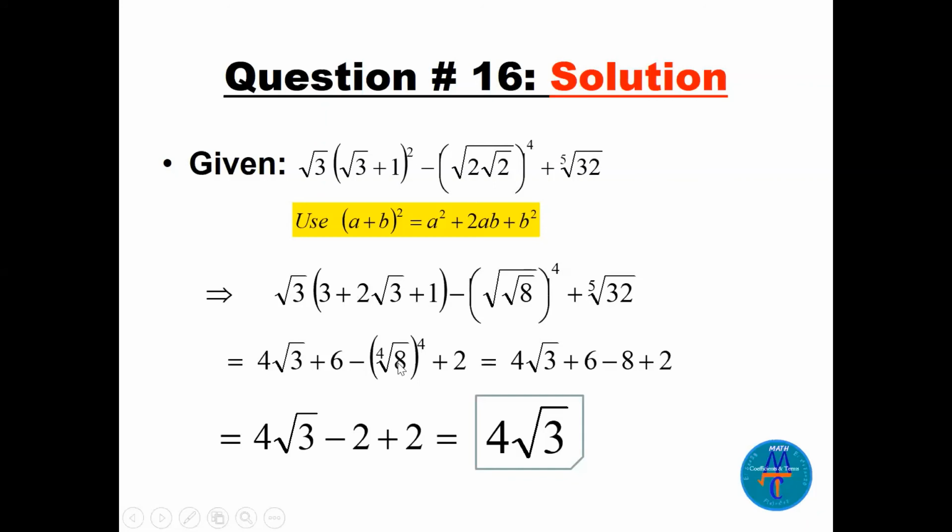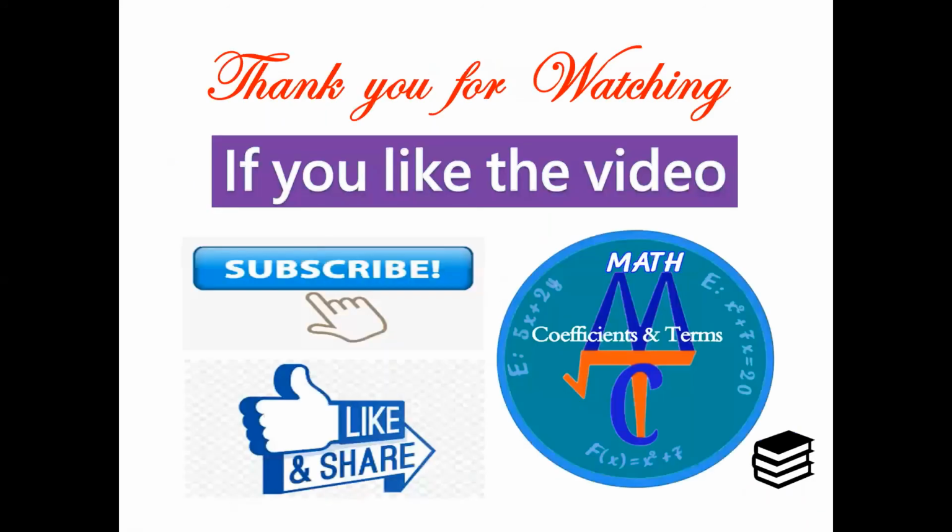Now this one will be the minus 8. See the minus outside here from the question, 8. So 6 and 2 is 8, and this is minus, so it will go. So to find an answer for square root of 3. Big question. The answer is short, little, easy, and nice. 4 square root of 3.